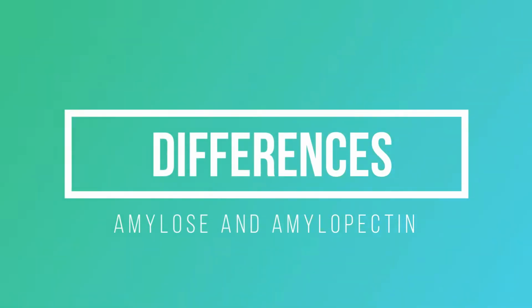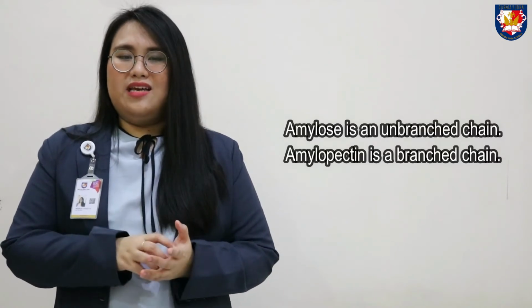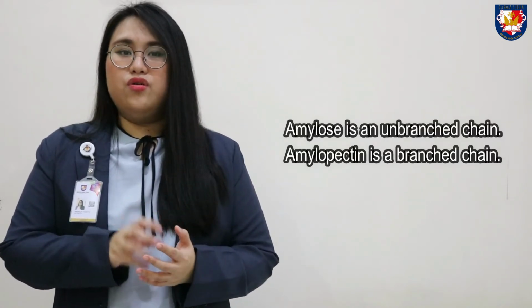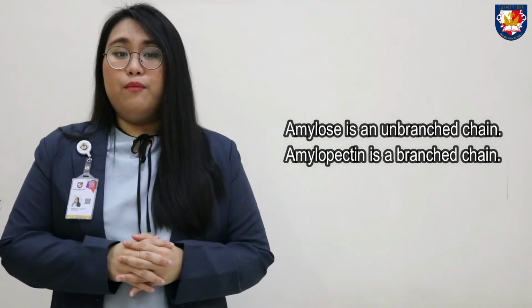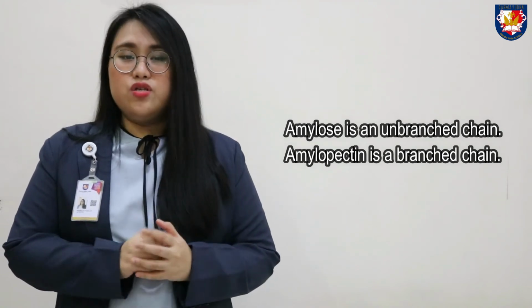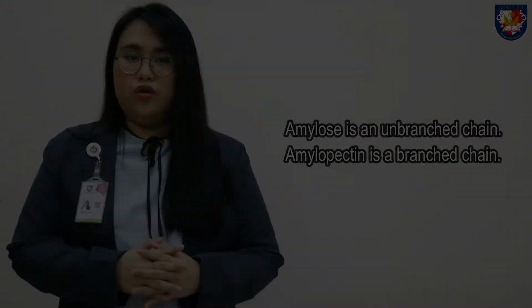Let's discuss the differences between amylose and amylopectin. The first one, amylose, is an unbranched chain polymer of glucose, while amylopectin is a branched chain of glucose.